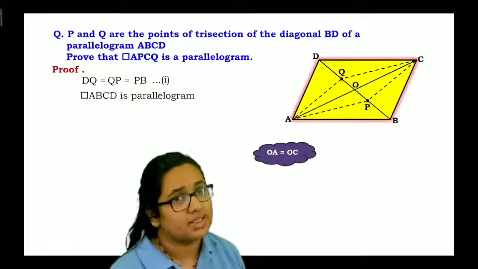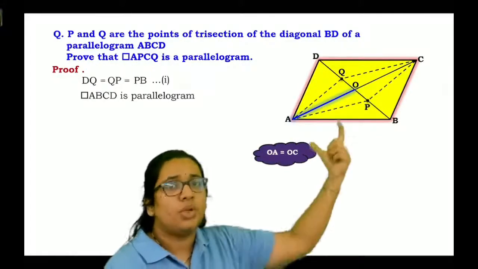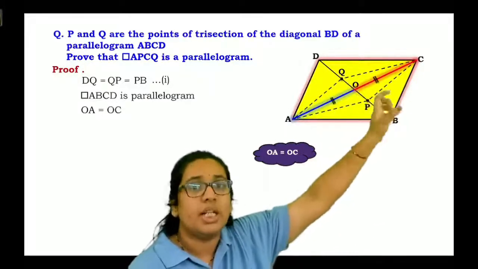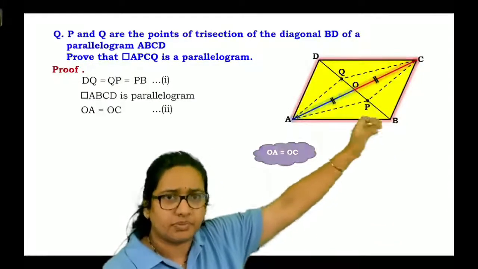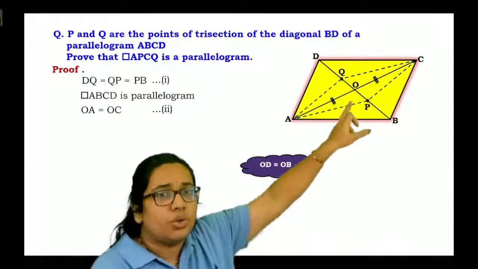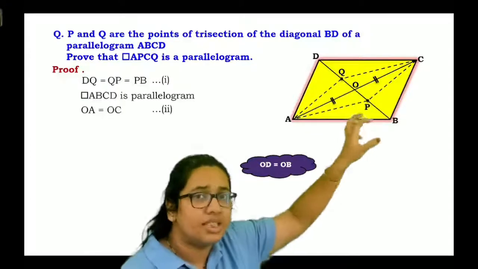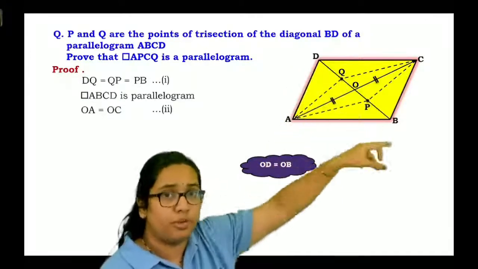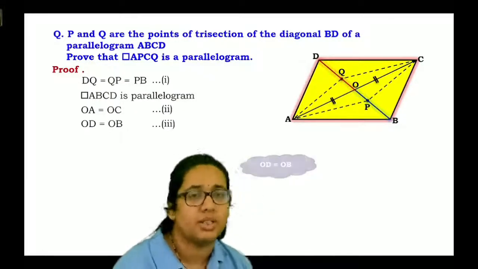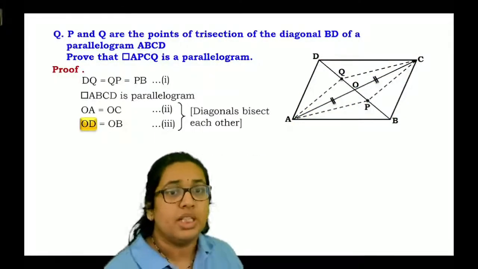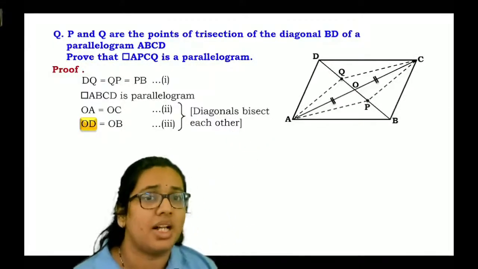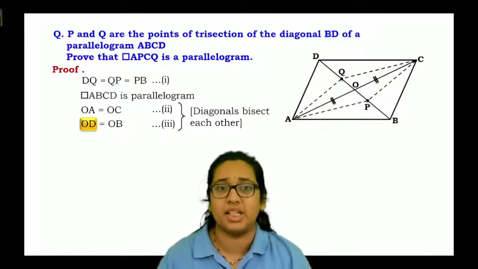As ABCD is a parallelogram, OA equals OC. This will be your first point. Second, what can you say? Just as O is the midpoint for the first diagonal, similarly O will be the midpoint for BD as well. So we can say that OD equals OB. We are just using the property of a parallelogram that the diagonals bisect each other.